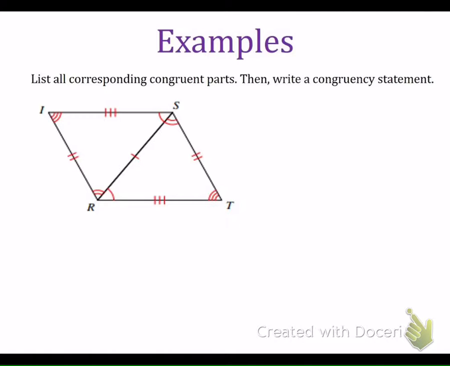So I'm going to start with, now, this one's a little tricky. Could I just call this angle S? The one marked with 1. Could I just call it S? I can't. I cannot call it S because there are 1, 2, 3 angle S's. So I am going to call it angle ISR.